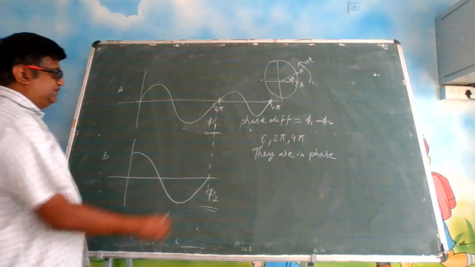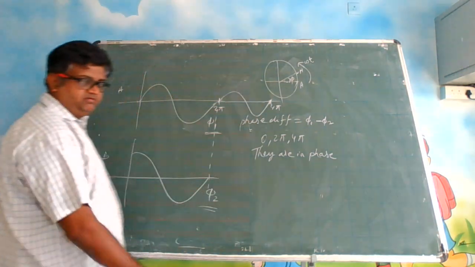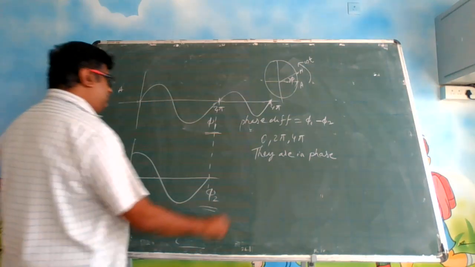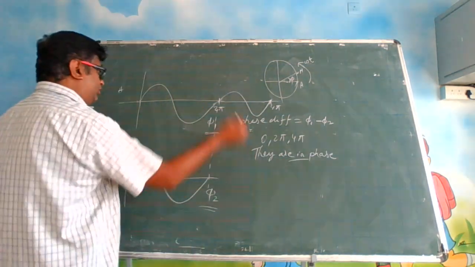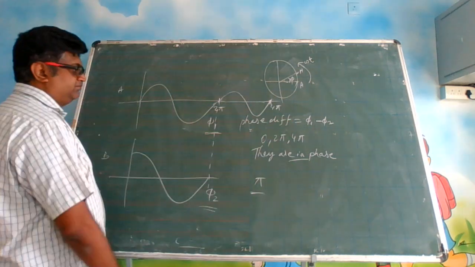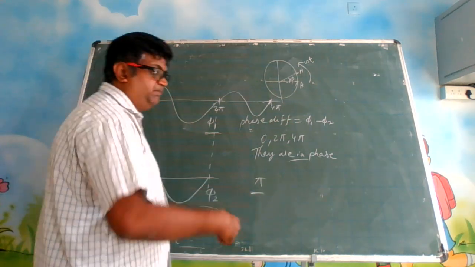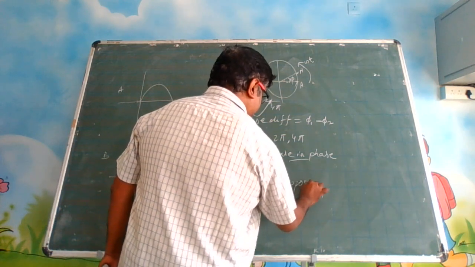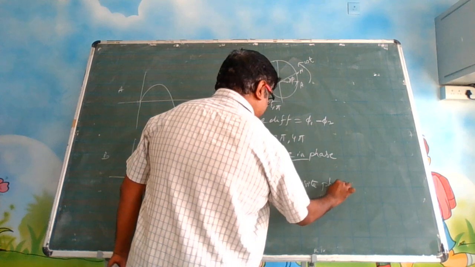Obviously, there is some wavelength difference there, if you talk in terms of wave and all that. But they are in phase. Now, when the phase difference is pi, they are in opposite phase.